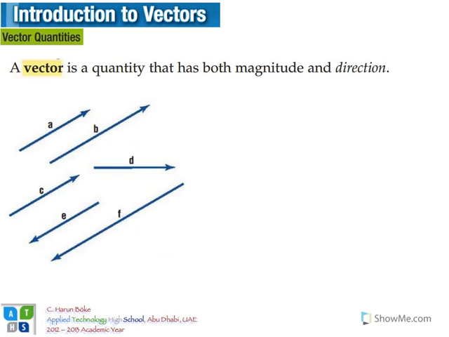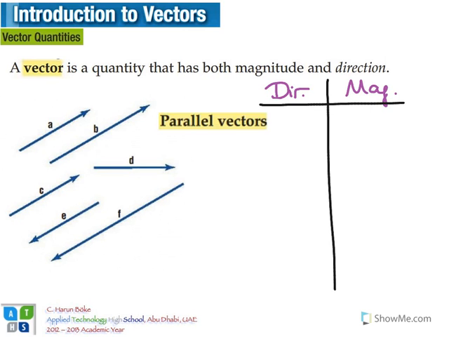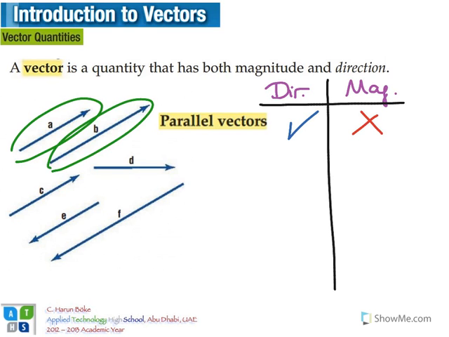Let's look at the vectors here. Now, we have parallel vectors with the same direction, but not necessarily the same magnitude. Examples are A, B, and C. Here A and C seem to have the same magnitude, but not B, where all of them are parallel.